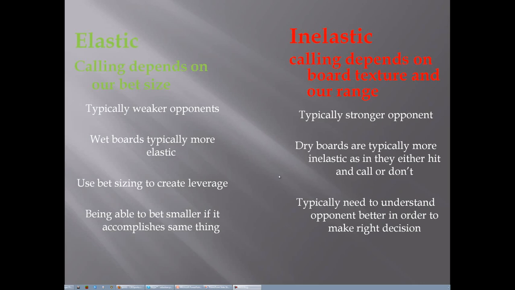Now if we take that same 6-7 hand, but the board is king queen 7 with two hearts, and again we give them either a 7 or 8-7 or something like that, the opponent is a lot less likely to call because there's a king and a queen.